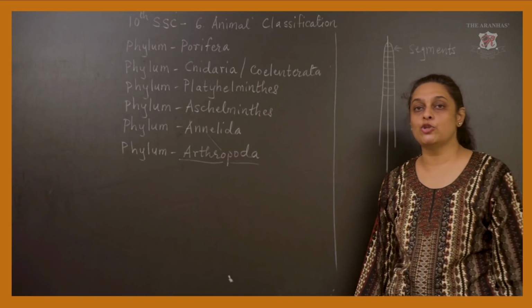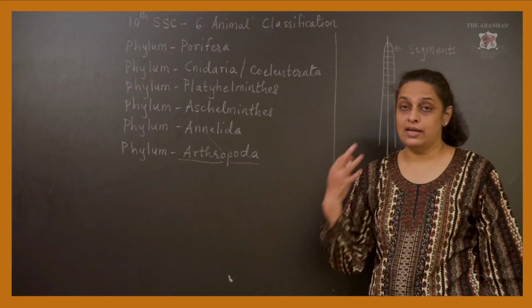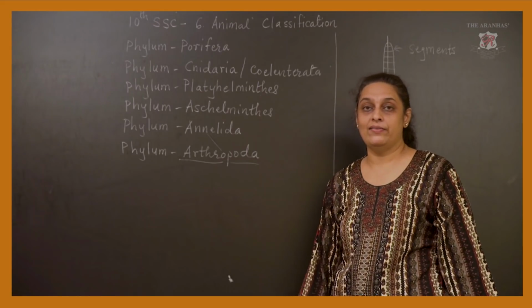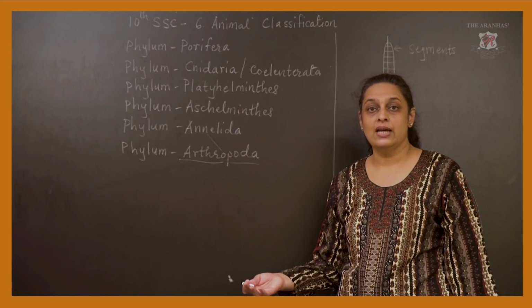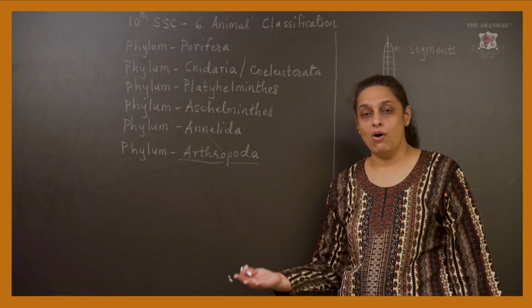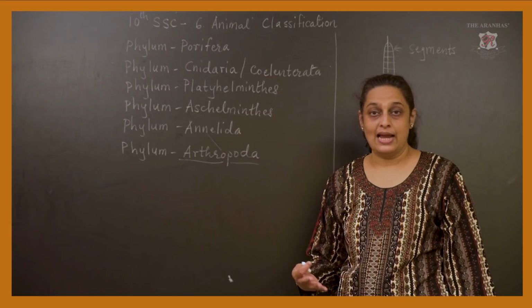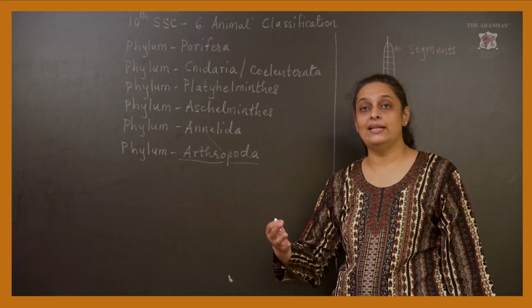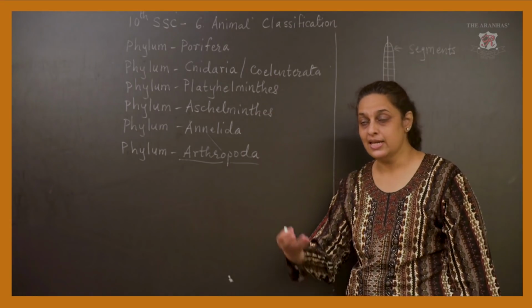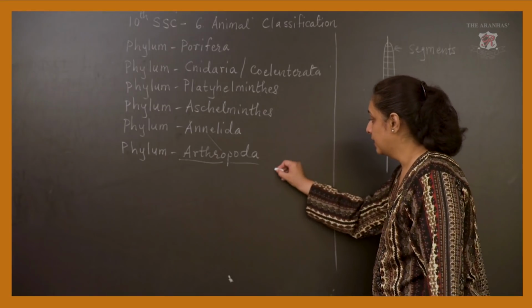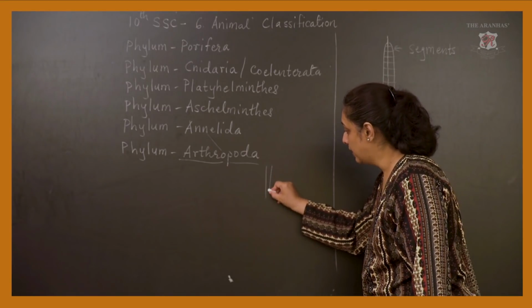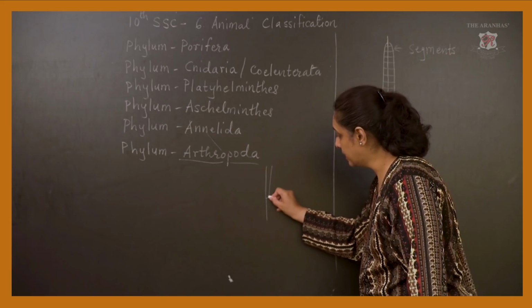Arthros means jointed. Now, I will ask you to do one small activity. If you happen to see a cockroach or a grasshopper, any insect for that matter, and if you can look at the legs of these animals, you will find that they have legs something like this.